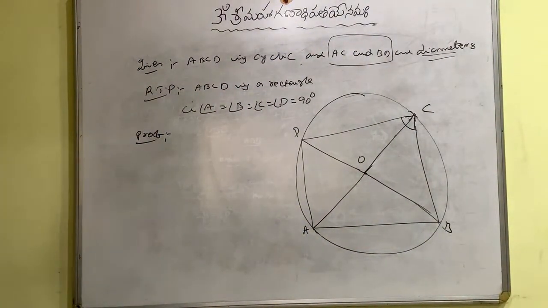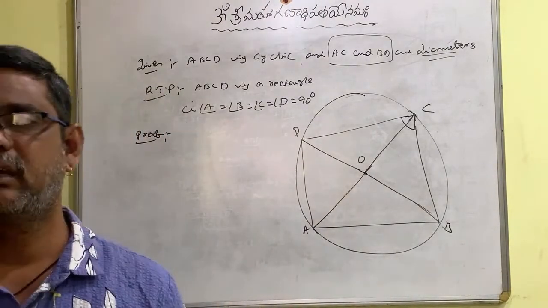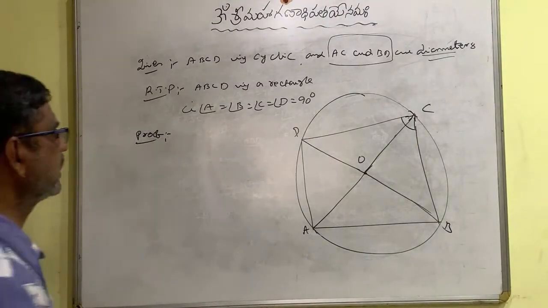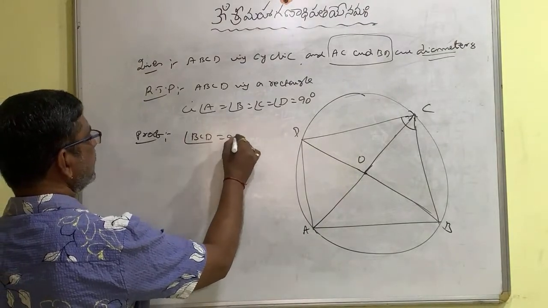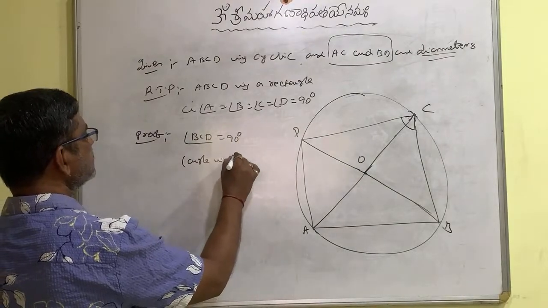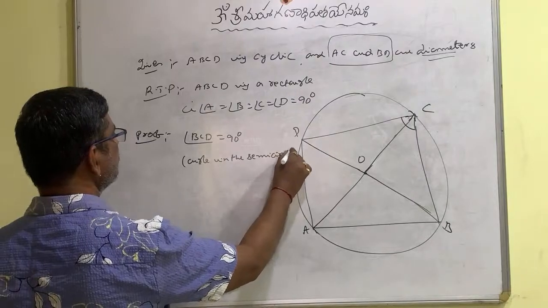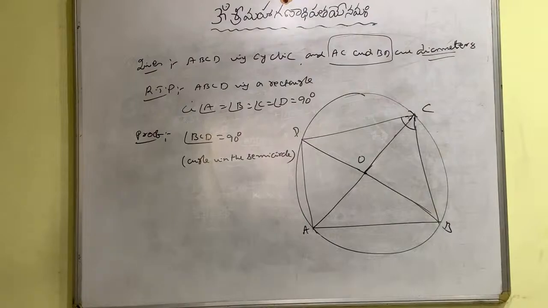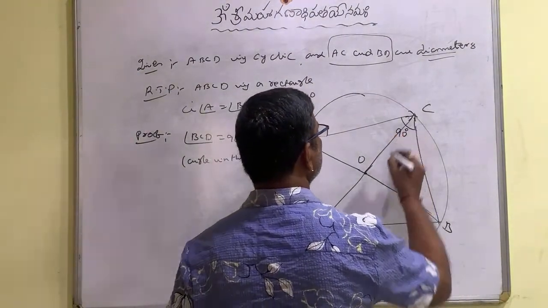Yes, right angle. Good. Angle in the semicircle is 90 degrees. That is the reason. Angle BCD is 90. Reason? Angle in the semicircle is 90. So this is 90. Okay?